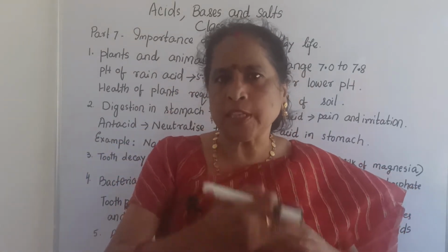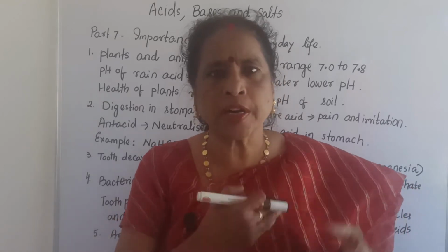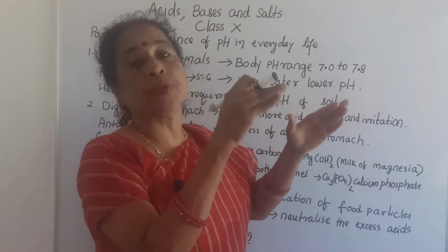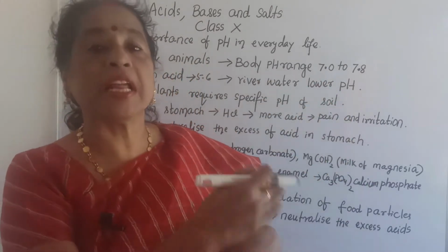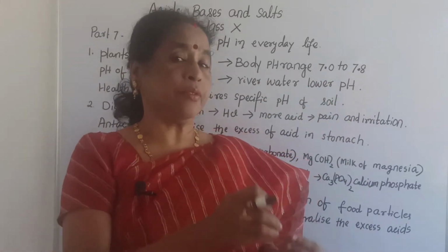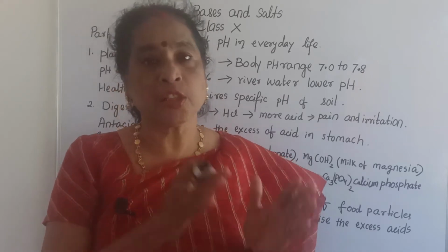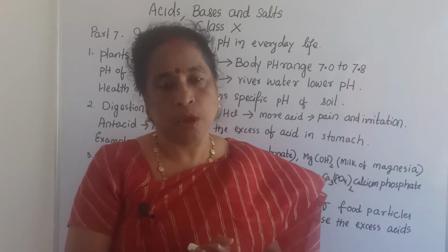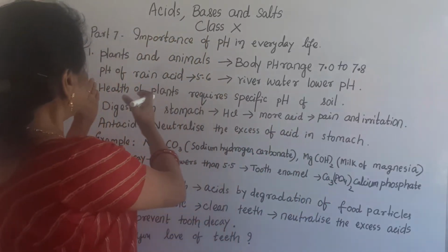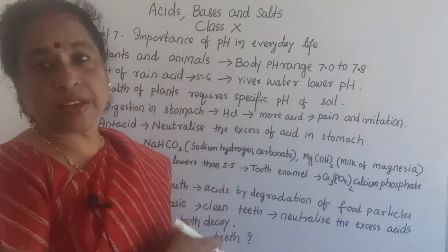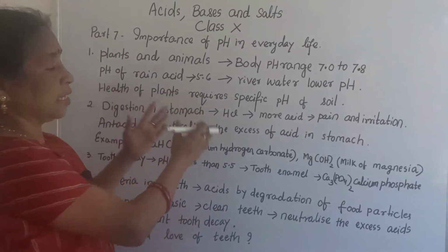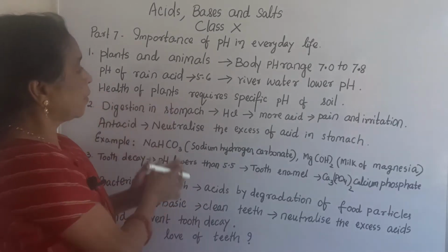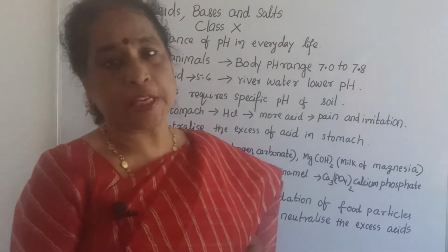If this process continues, the value of pH will become less and less. That means the acidic character of the river water increases. That is not good for aquatic plants and aquatic animals. So the rainwater affects the river water when the pH of the rainwater decreases.